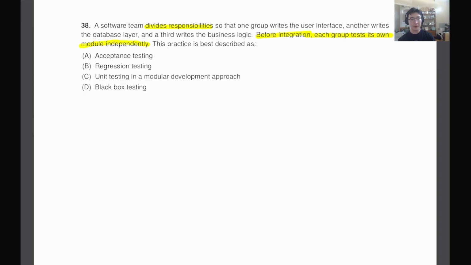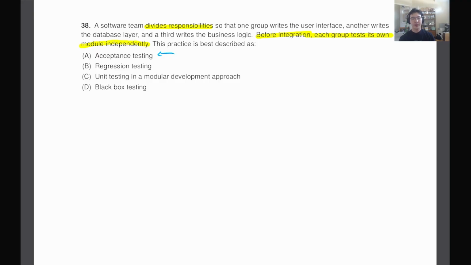Well, if you don't know, let's go ahead and add each of these terms into your vocabulary list and find the definitions for each one so that before you go into the exam, you know what each type of testing is. But let's go ahead and look at the first one. Acceptance testing. What is that?